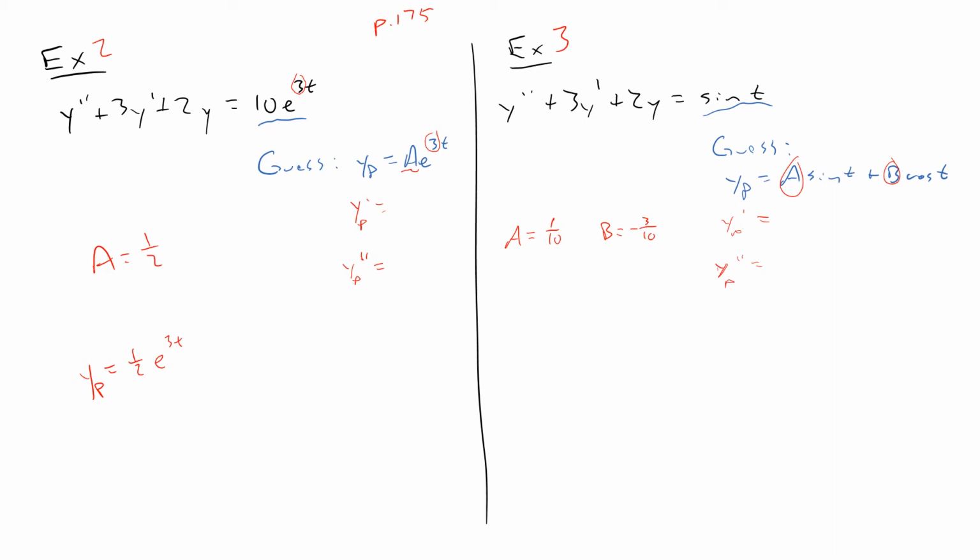So then our particular solution in this case is 1/10 sine of t minus 3/10 cosine t.